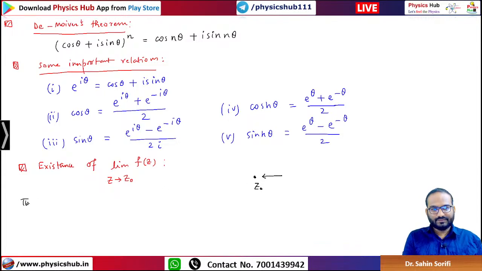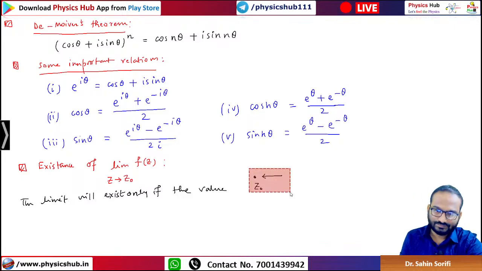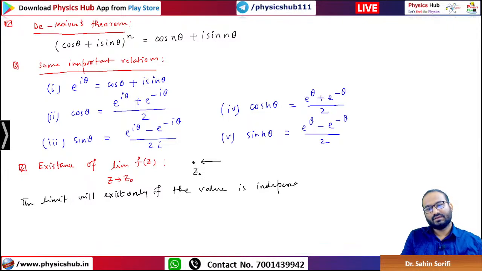So the limit will exist only if the value is independent of the path along which z approaches z0.